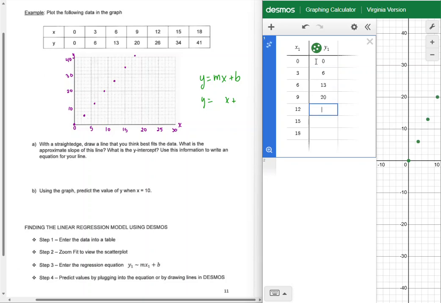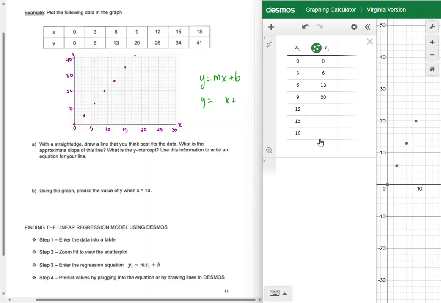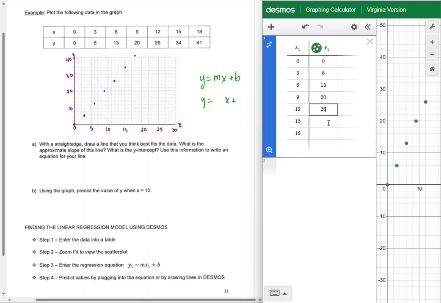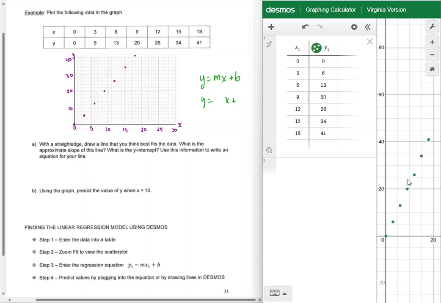And you notice as I'm typing in the data, it's graphing the points here for me. 12 goes to 26, 15 goes to 34, and then 18 goes to 41. Okay, so here are all of my points right there.